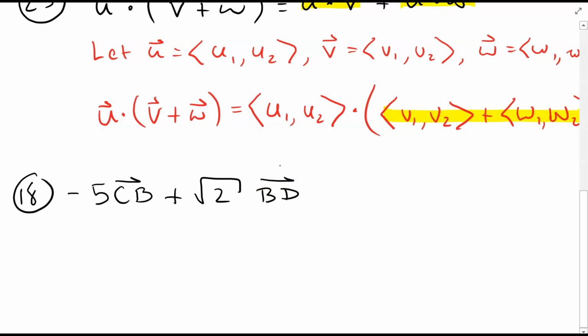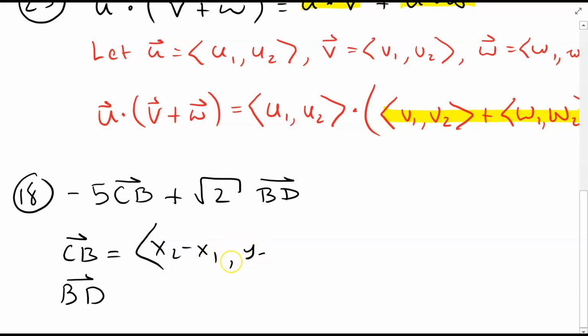Okay. So the first thing I'm going to do is rewrite CB and BD in component form. Remember, our definition for component form was x2 minus x1, y2 minus y1, right? So C is my x1, y1, and B is my x2, y2.